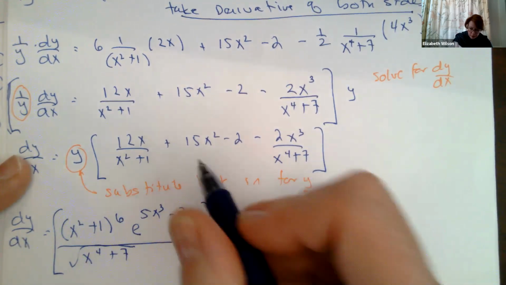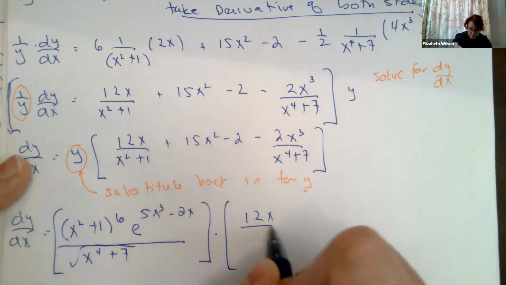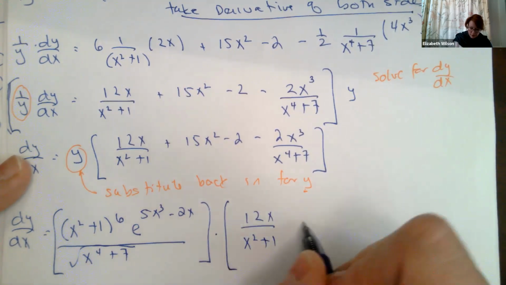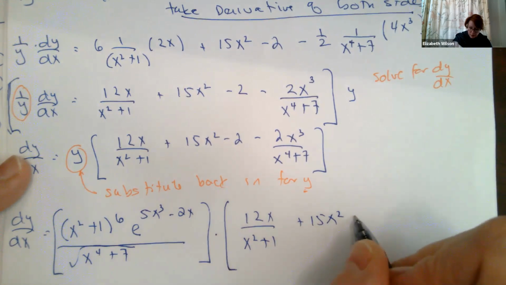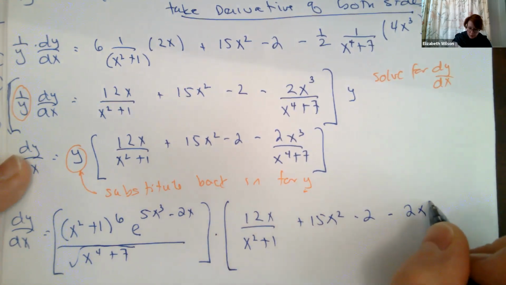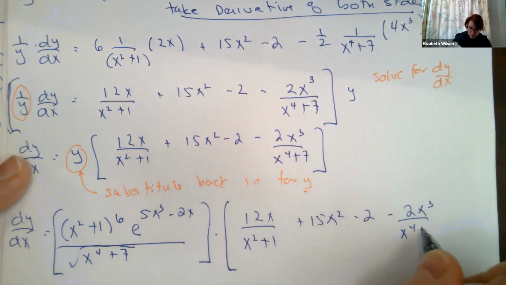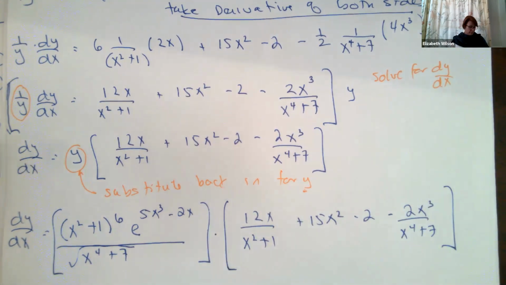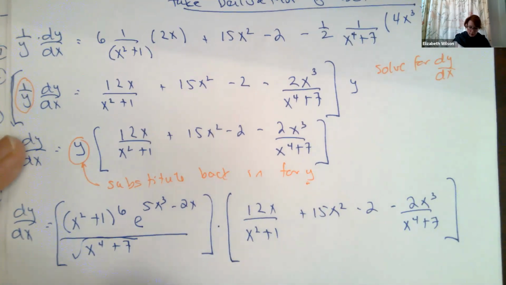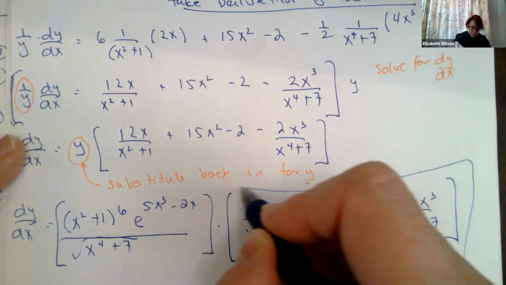Times my derivative that I just figured out, 12x over x squared plus 1, plus 15x squared minus 2, minus 2x cubed over x to the 4th plus 7. And then we're done. And put a big circle around it.